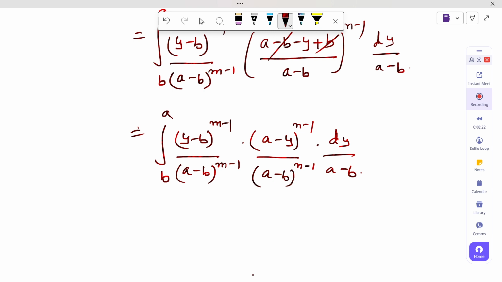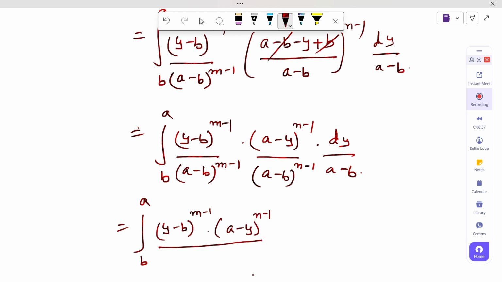So what you're going to get from here is equal to the integral from b to a of (y minus b) to the power of m minus 1 into (a minus y) to the power of n minus 1, whole divided by (a minus b) to the power of m minus 1 plus n minus 1 then plus 1, into dy.